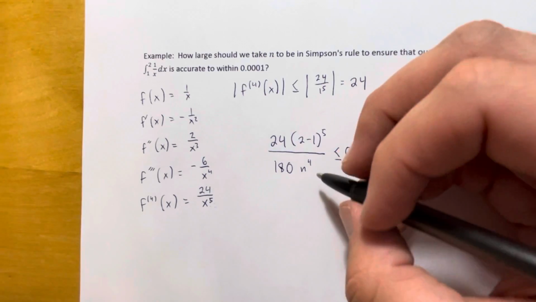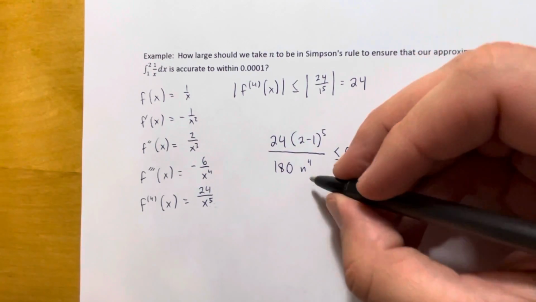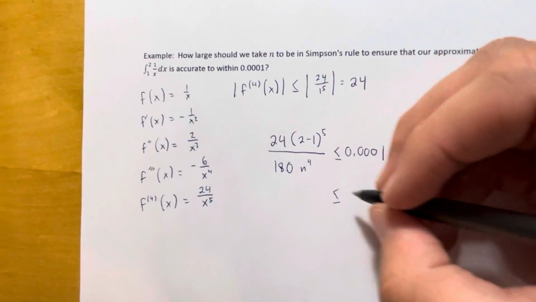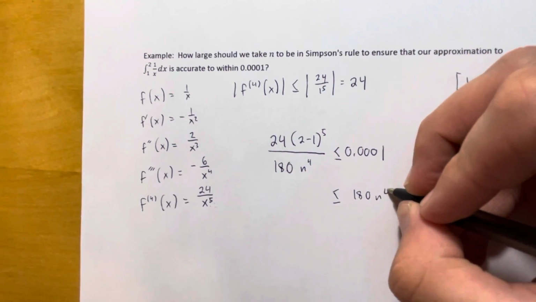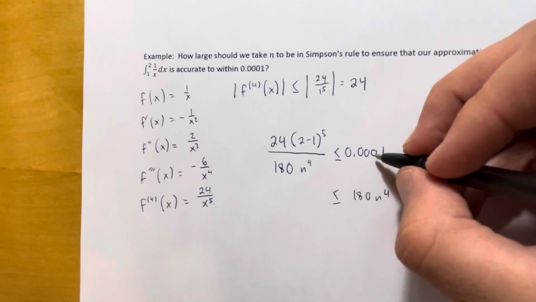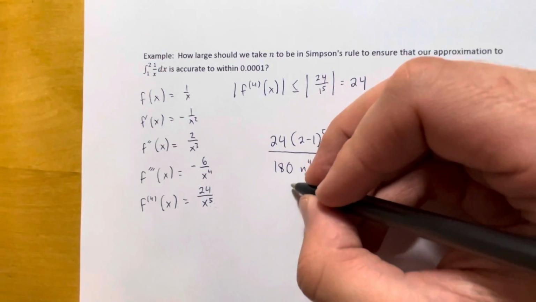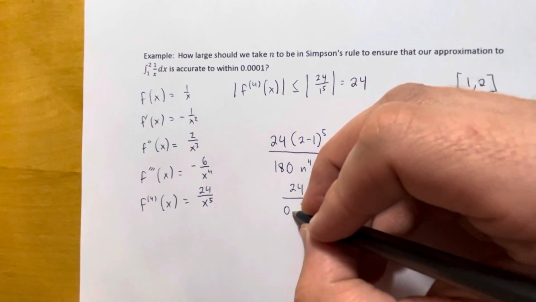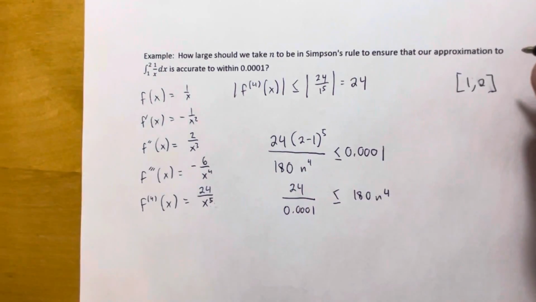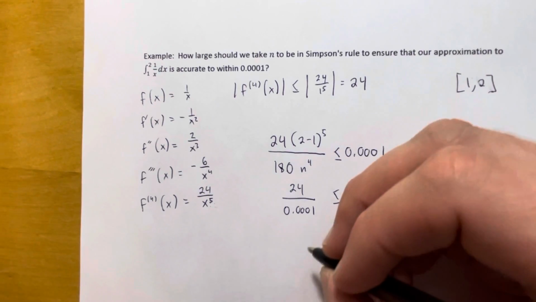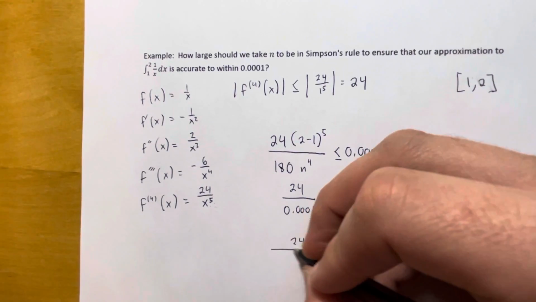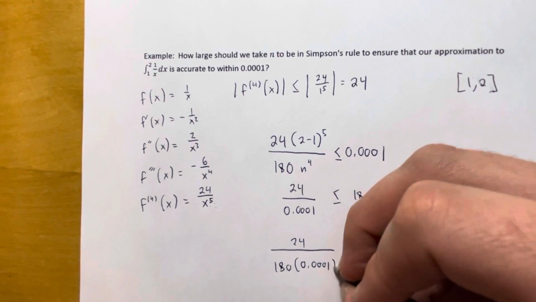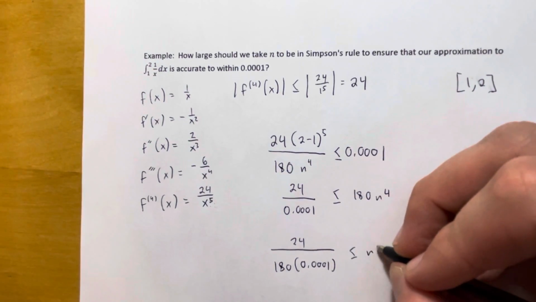Simplifying things a little bit. I'm solving for n. So if I multiply both sides by 180 n to the fourth, divide both sides by 0.0001, I'm going to get 24. I already know that this part is going to be equal to 1 over 0.0001. Then I'm going to divide both sides by 180, so I get 24 over 180 times 0.0001 is less than or equal to n to the fourth.